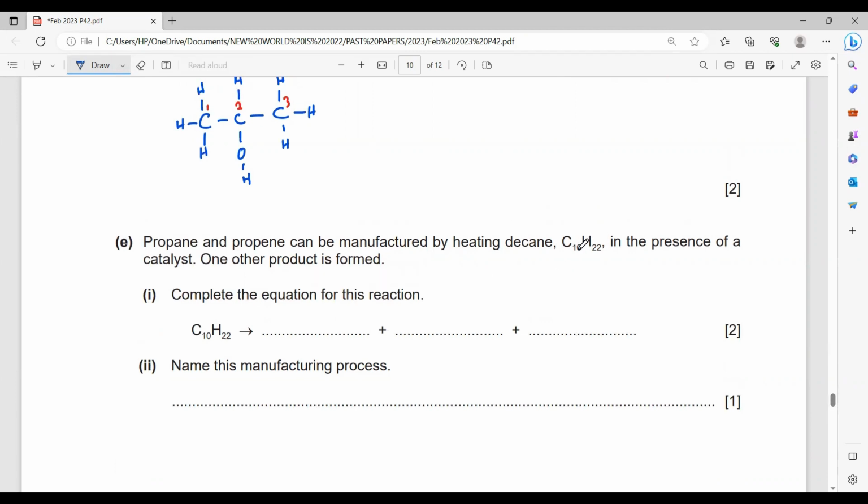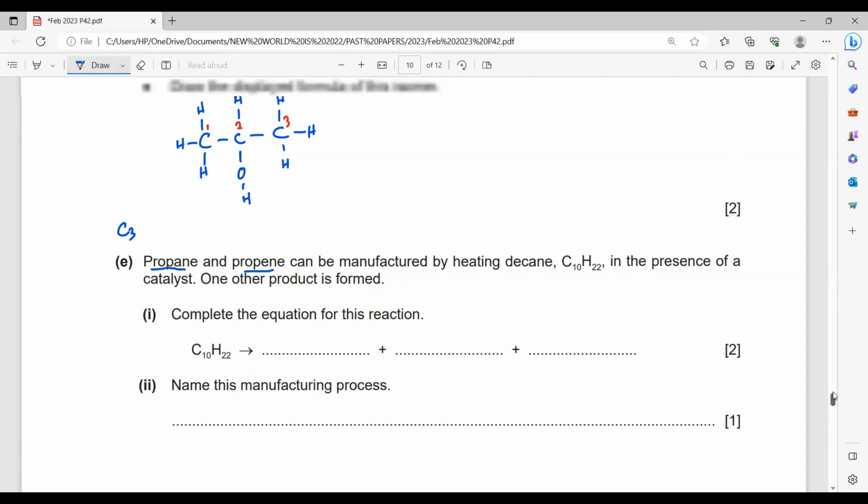Looking at this question, you're told that propane is produced, and propene is also produced. Propane is C3, but many students are confused about the number of hydrogen atoms in propane.